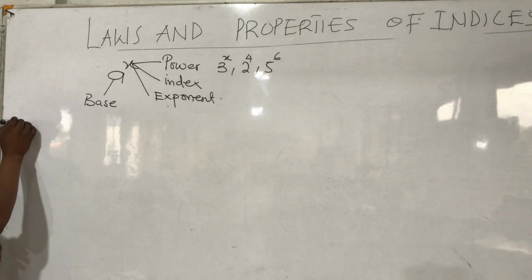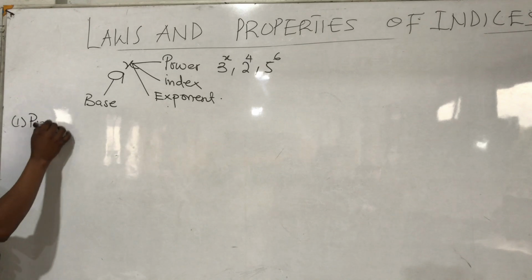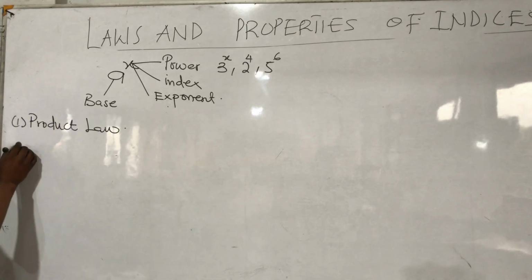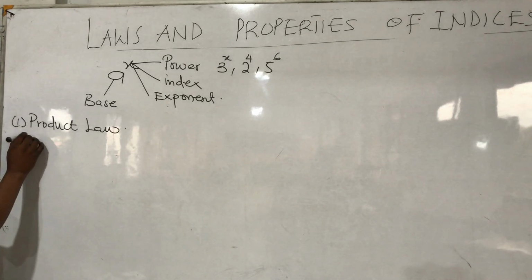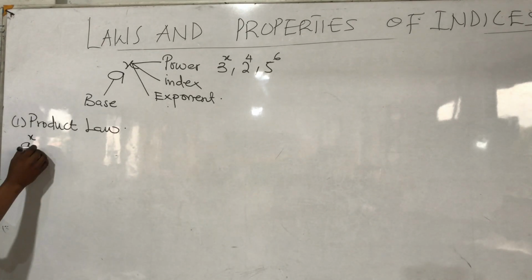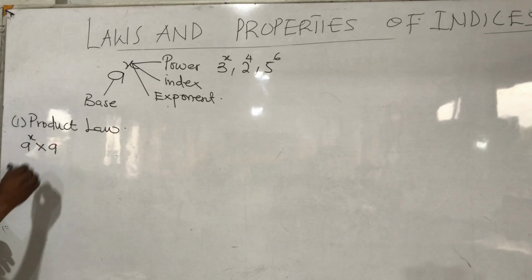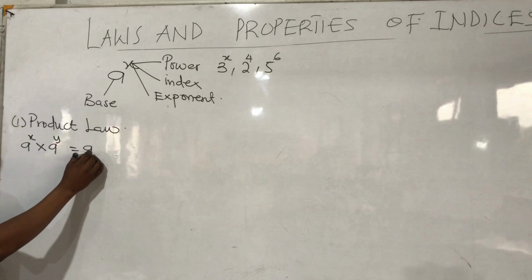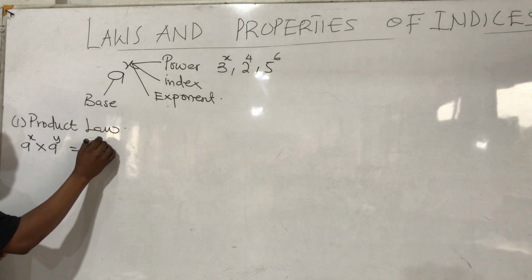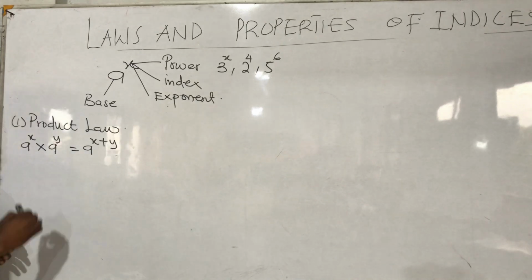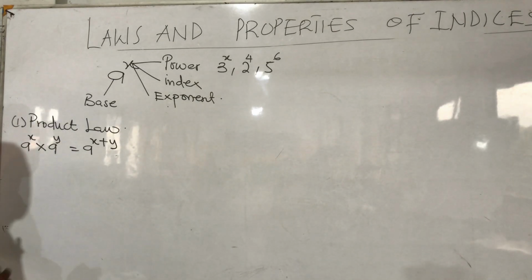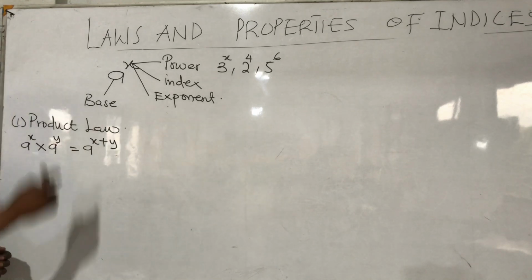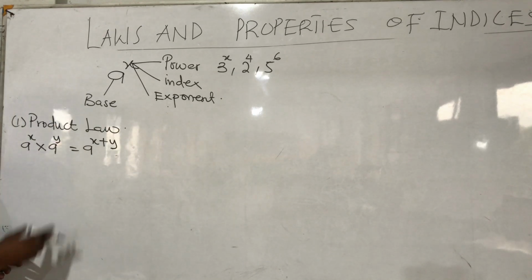So let us look at our first law called product law, which states that if you have a base raised to the power x, times the same base raised to the power y, is the same as the base raised to the power summation of the exponents. So if the bases are the same and they are multiplying, we pick the base, then we add the exponents, as we can see.